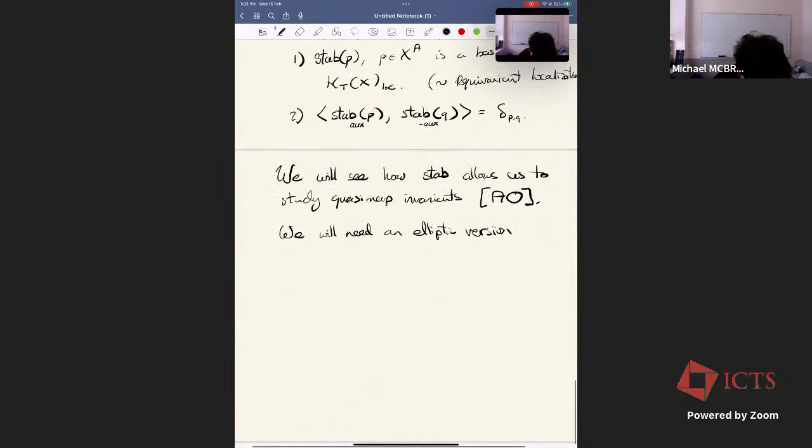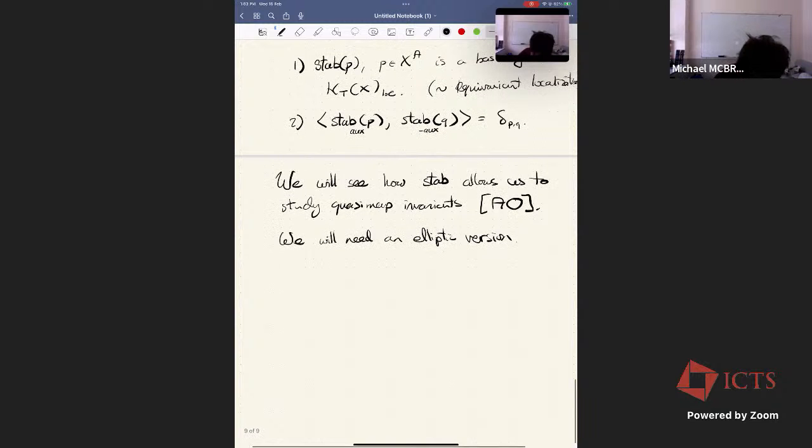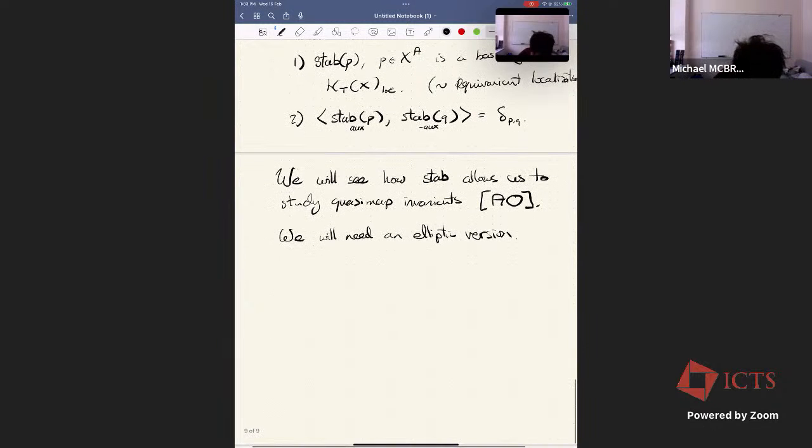If you've seen them for the first time, it's better to start with the K-theoretic. What I'm going to do is give a very hand-wavy description of the elliptic ones, but appeal to the analogy with the K-theoretic ones. All right.